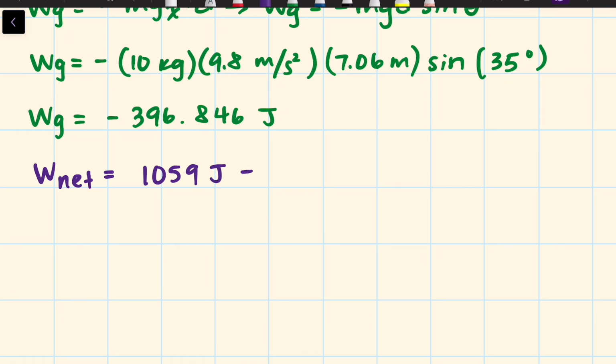minus, because we have a negative work done by friction. So that one was 190.996 joules, minus the work done by gravity. That was 396.846 joules.